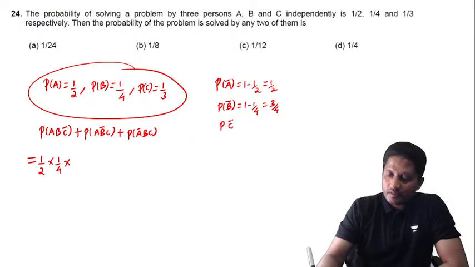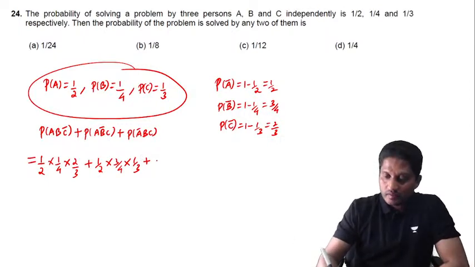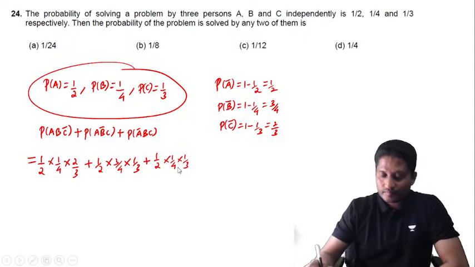And P of C bar is 1 minus 1 by 3, which is equal to 2 by 3. So P of A is half, P of B is 1 by 4, P of C bar is 2 by 3. Then P of A is half, P of B bar is 3 by 4, and P of C is 1 by 3. Again, P of A bar is 1 by 2, P of B is equal to 1 by 4, and this is 1 by 3.